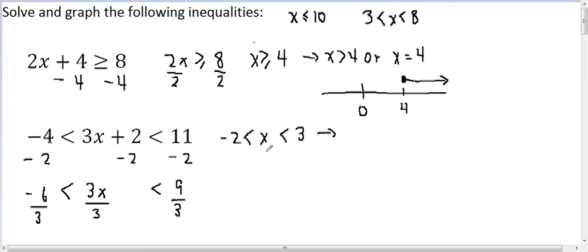This combined inequality can be separated into minus 2 is less than x and x is less than 3. In this case, all the x that we're looking for have to satisfy both of these inequalities. It has to be bigger than minus 2 and also less than 3.